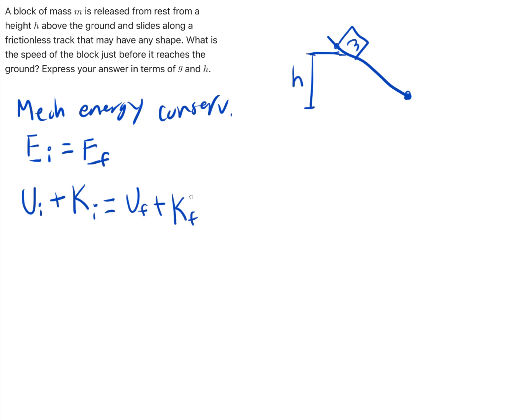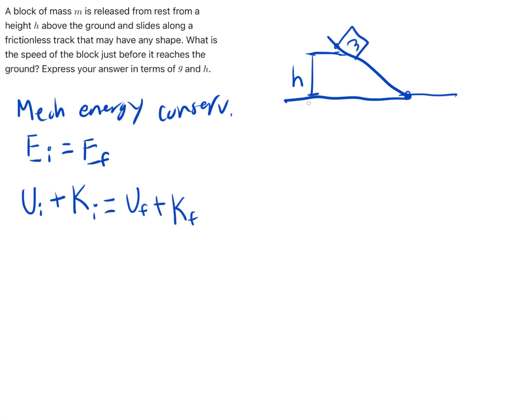Now we can define the point where the gravitational potential energy is 0 to be any point. So let's define the gravitational potential energy to be 0 along this surface here. So let's say that the bottom of the track is where gravitational potential energy is 0.